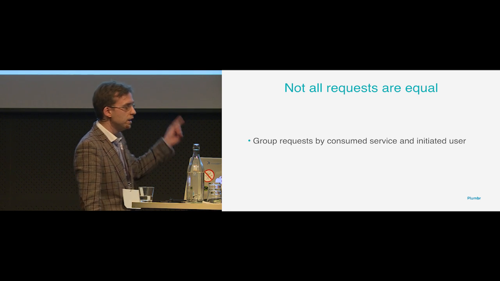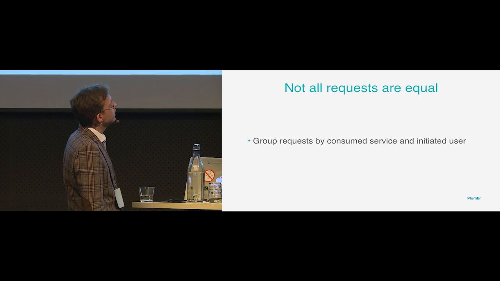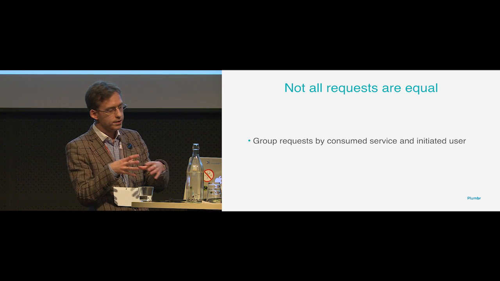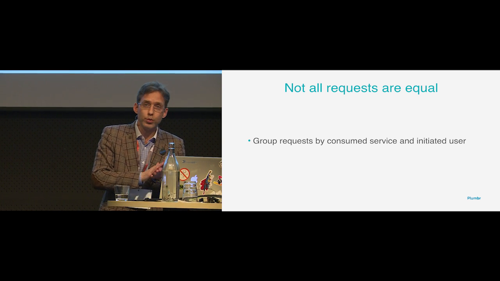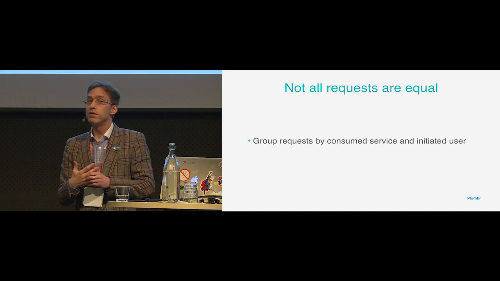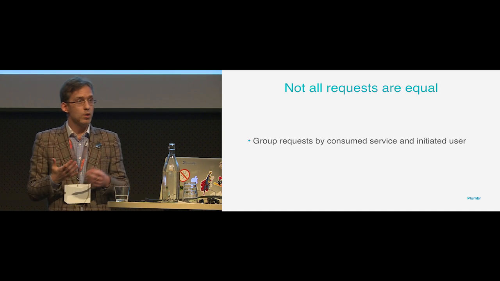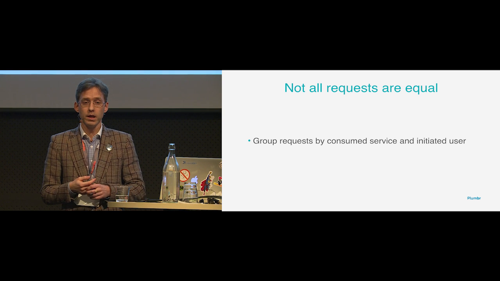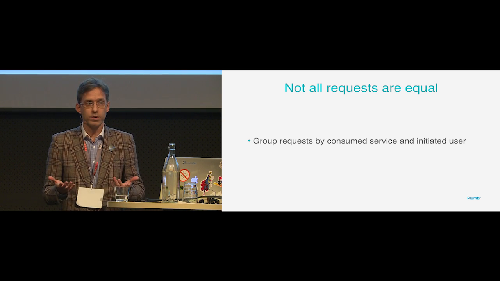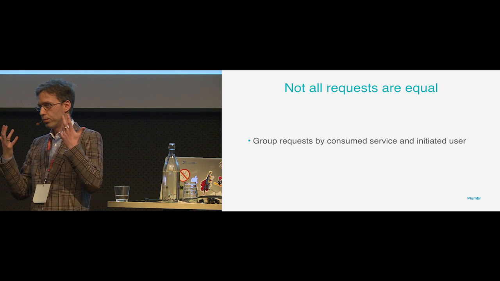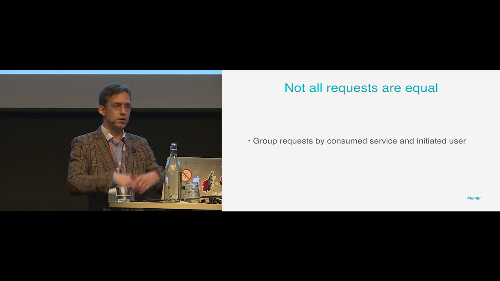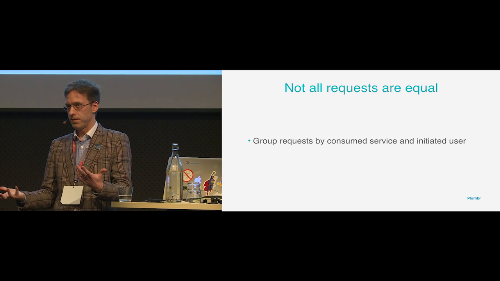And it is really important to differentiate your requests or your monitoring metrics by users, because we have a very good example. One of our customers, they have a royalty program, a reward program. They have good customers.